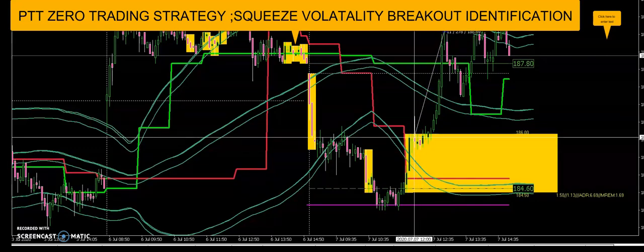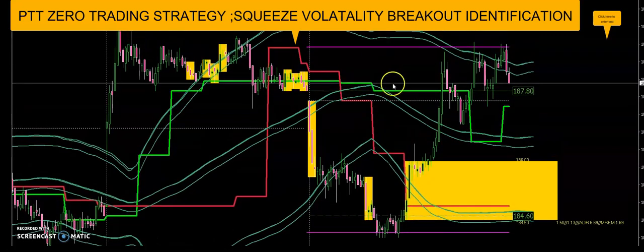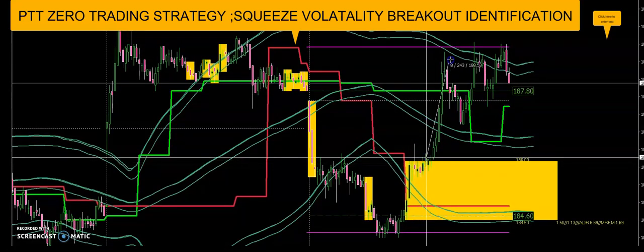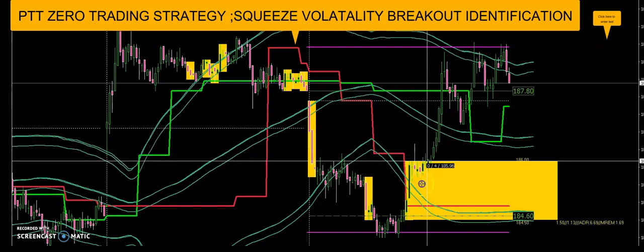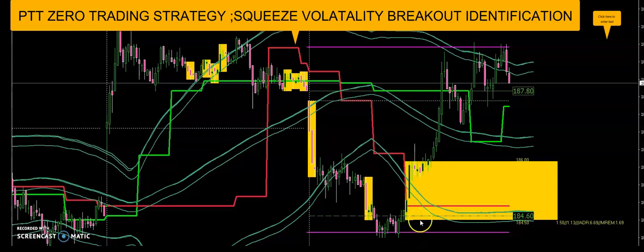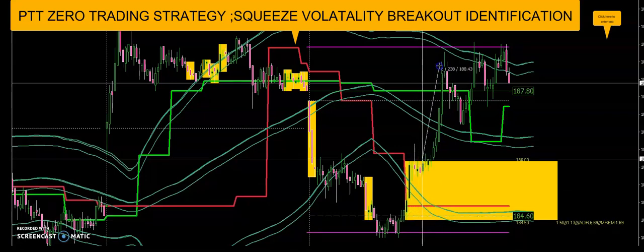This is State Bank of India, and you can see it gave squeeze breakouts at these levels. You can keep the bottom as your stop loss, and use almost 1:1.5 as your minimum target.